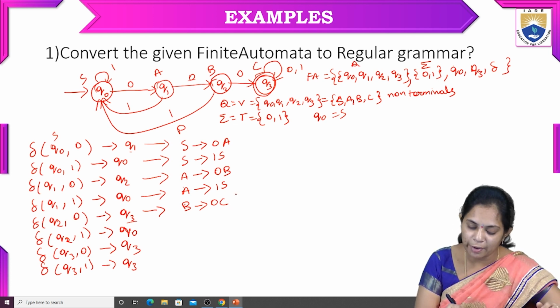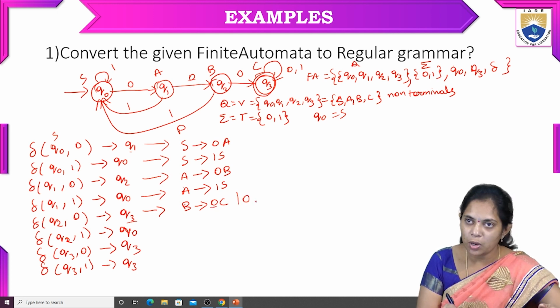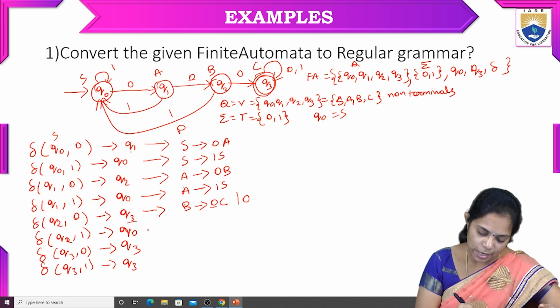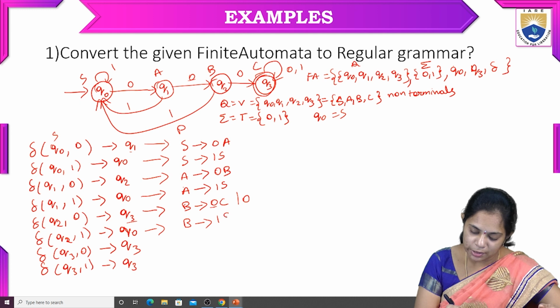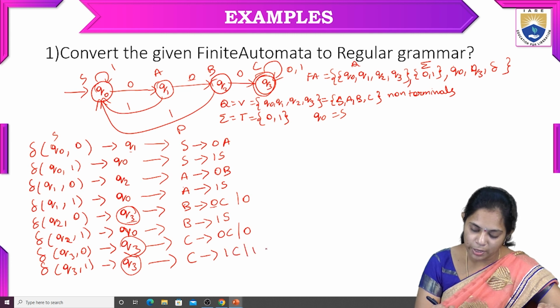We have to add the terminal symbol also, so B tends to 0C and B tends to 0. And for the B state, when we give 1 as an input symbol, it is reaching the q0, that is the starting state S. And for the C state, with 0 as an input symbol it is reaching the final state, so we have two productions: C tends to 0C and 0, and C tends to 1C with the 1 input symbol.